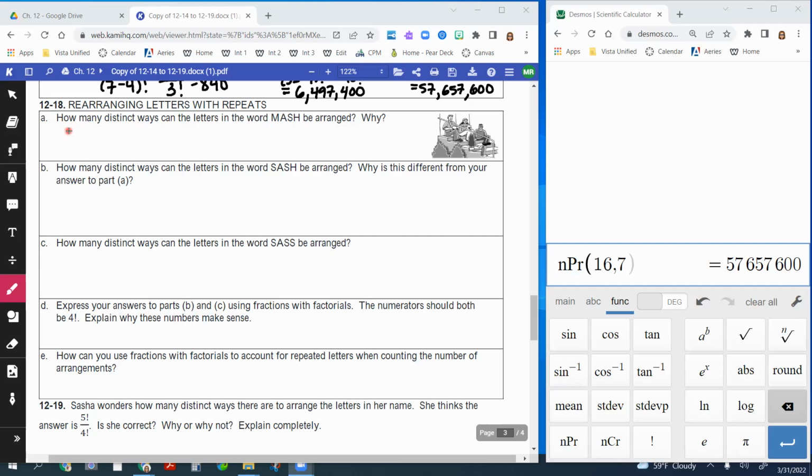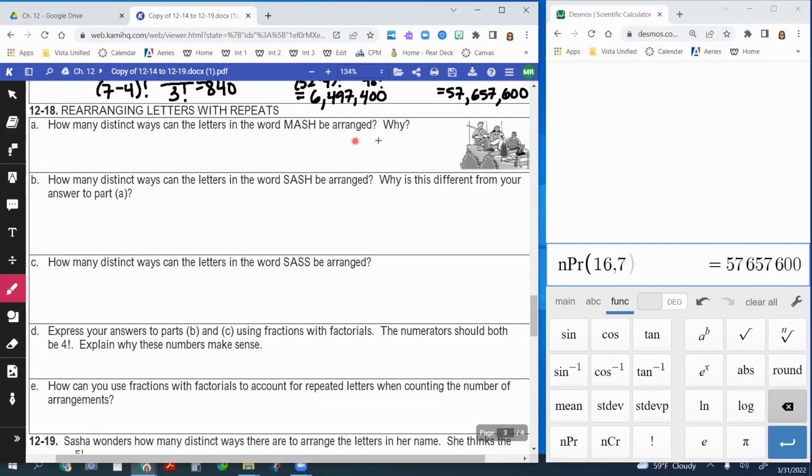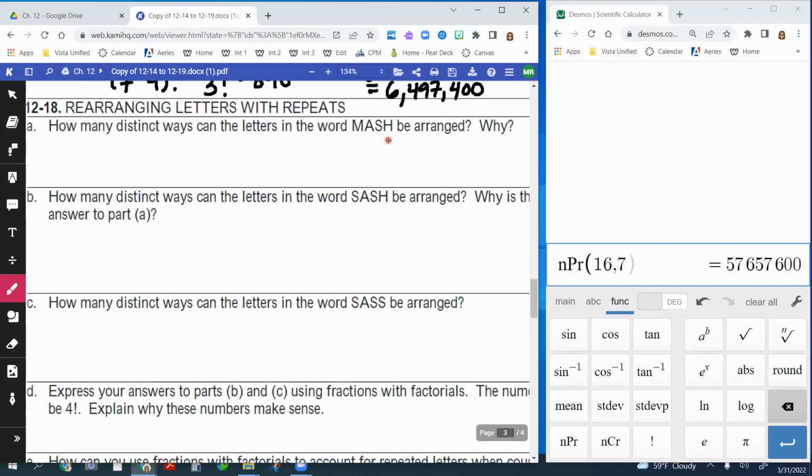Now, this next section is how many distinct ways, so we're rearranging letters with repeats. Some of them have repeats and some of them don't, so we'll see differences here. How many distinct ways can the letters in the word mash be arranged? There are 4 letters.